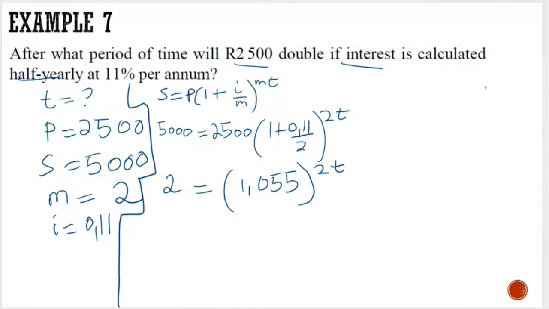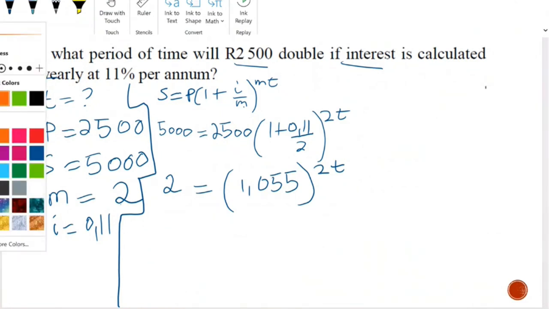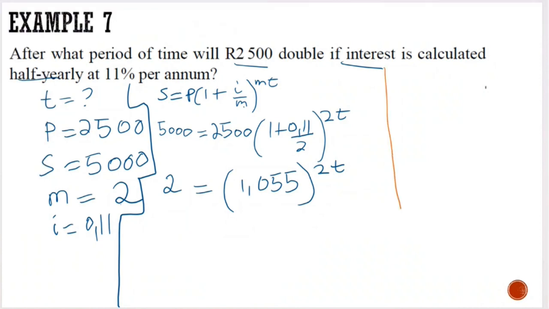I'm going to step out of this for a bit and go to logs. We know that if you've got y equals a to the x, this is an exponential equation. If you want to solve an exponential equation, you use the log rules.